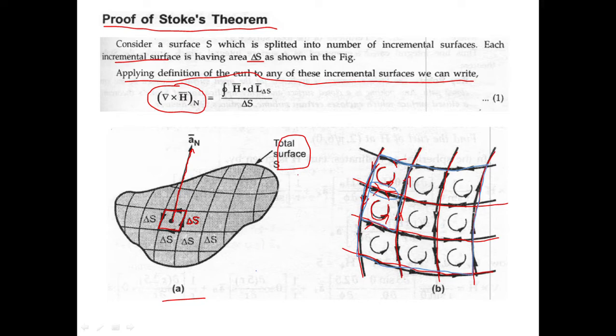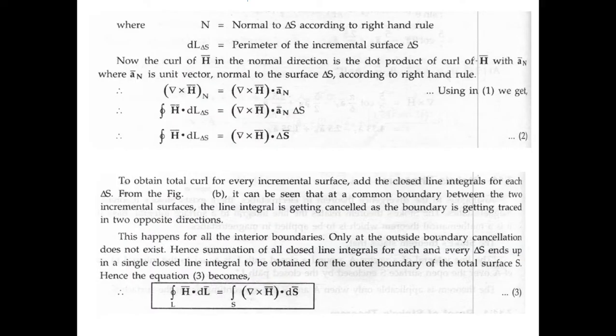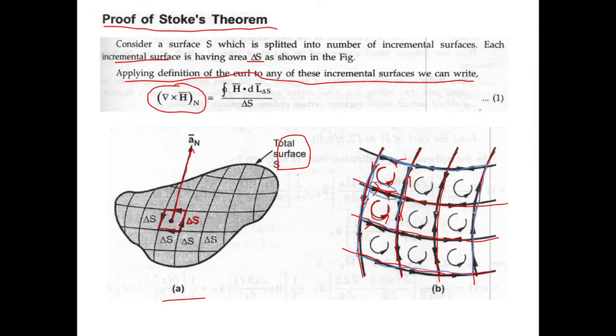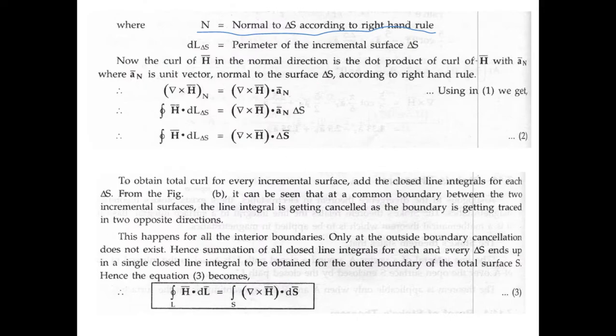We'll see the explanation for this here. As I told you, n is normal to delta S according to the right hand rule. You understood the right hand rule, right? If this indicates your thumb, the right hand thumb, then this indicates the direction of your curled right hand fingers, according to the right hand rule.